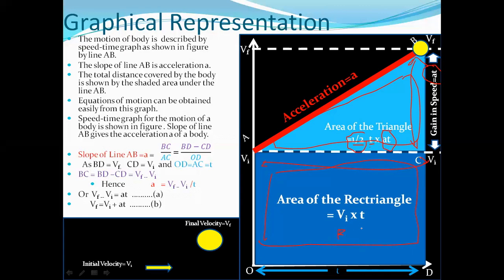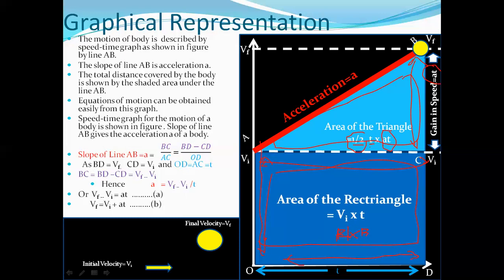So this is the base basically, and this VI, this much distance, is the height part. So height into base is known as the area of a rectangle, and in this diagram VI is the height and T is representing the time, which is the base.